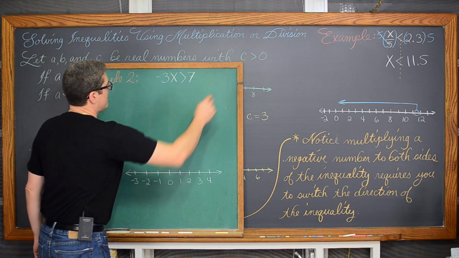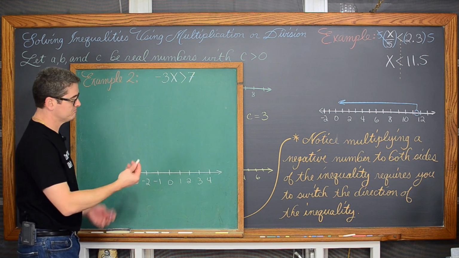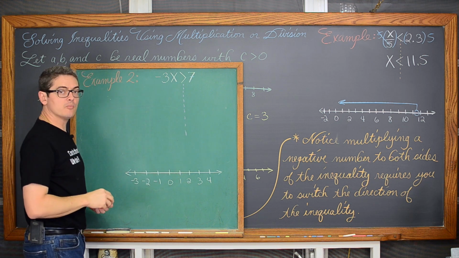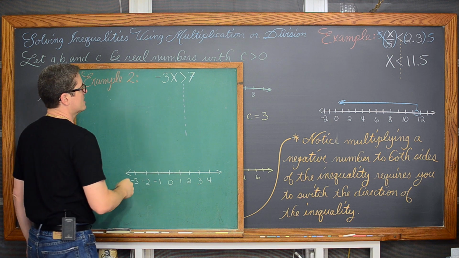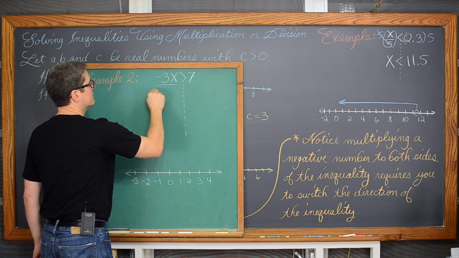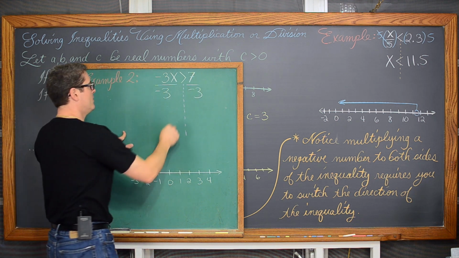So that means we have here in our second example, negative 3x is greater than 7. Well, we have our inequality breaking up the left and right-hand side. Once again, I've put the variable on the left-hand side of this inequality. We're going to get rid of this multiplication of negative 3 by dividing both sides by negative 3, and we get x.